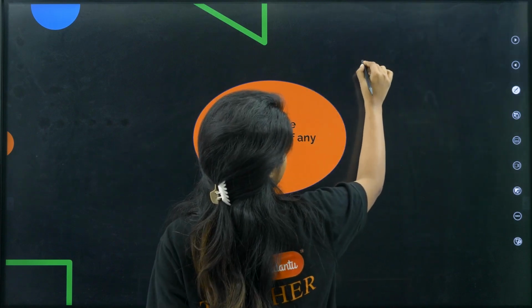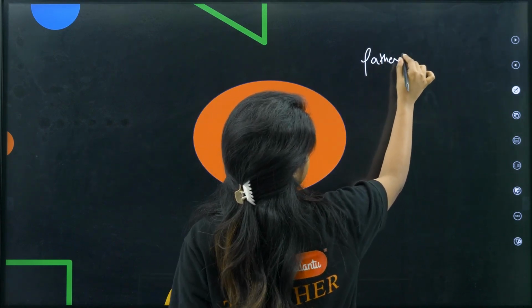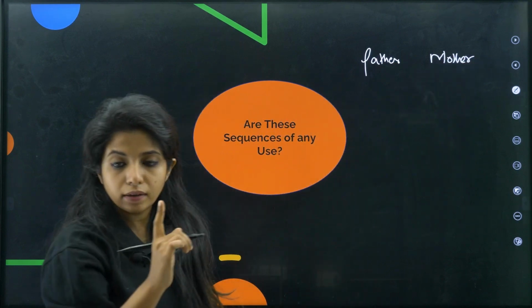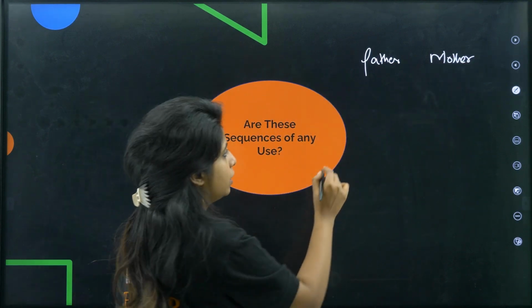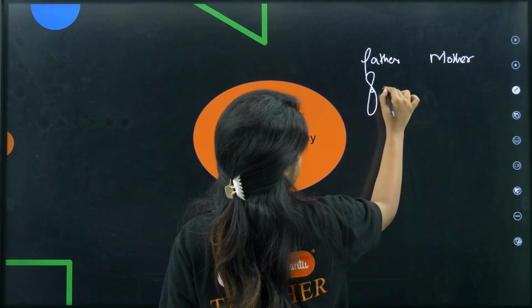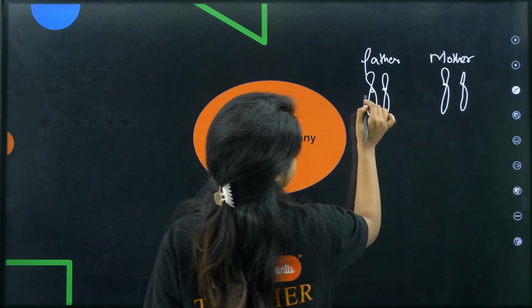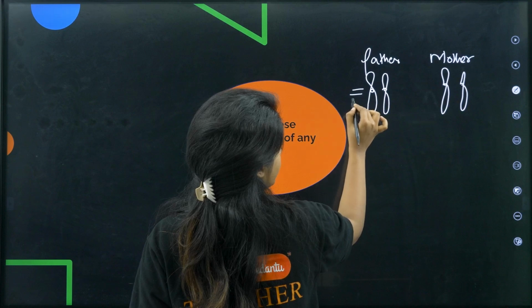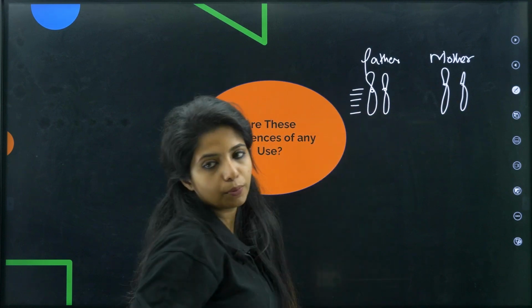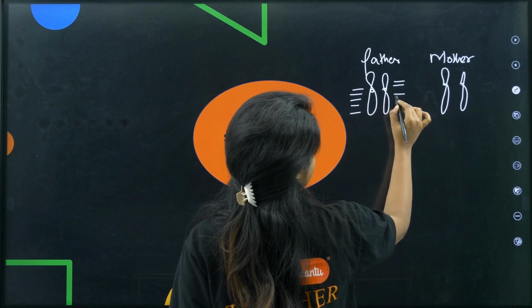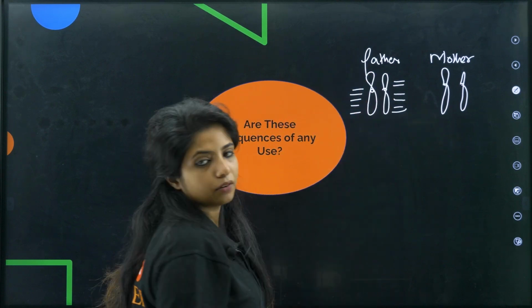Over here, I am saying father is there and mother is there. Everyone has a pair of chromosomes, right? So this is chromosome number 11. This is one pair, this is another pair. I am saying that the father has 1, 2, 3, 4, 5 repeats in one, whereas over here he has 1, 2, 3, 4, 5, 6 repeats.